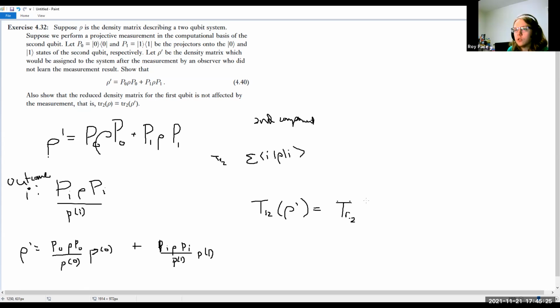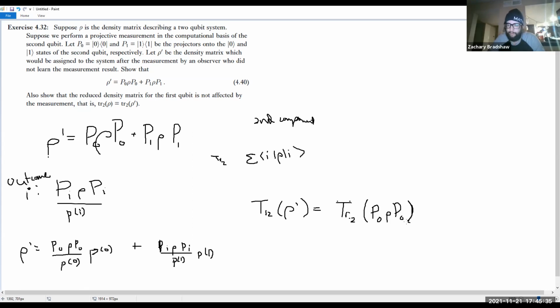Would you use the cyclicity of trace? Eventually, yeah. First you use the linearity. Yeah, there you go. You got it. Yeah, so then use the cyclicity.